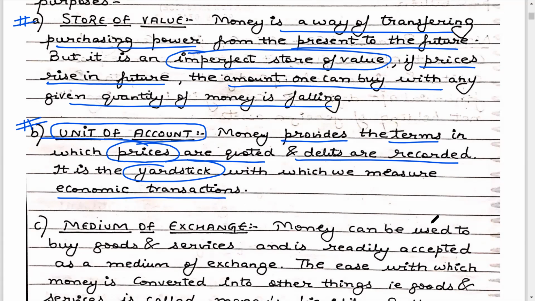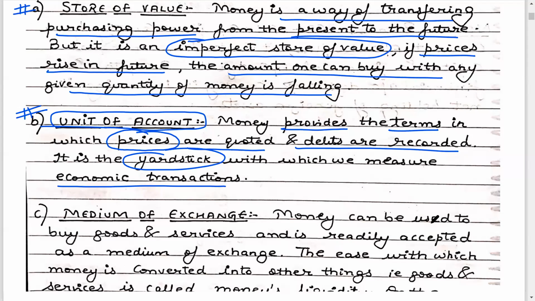How much wheat should I sell to buy a pair of shoes? We don't know that, because there is no yardstick or common ground with which we can measure their value. But thankfully, when we have every commodity quoted in terms of a certain price, that makes transactions a whole lot easier.